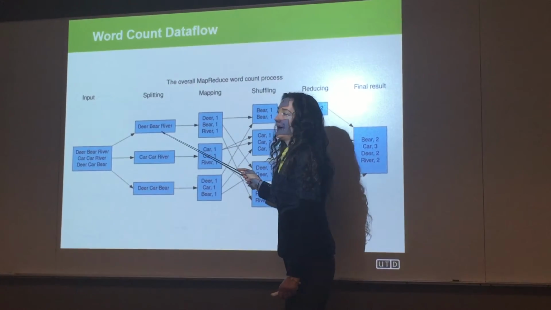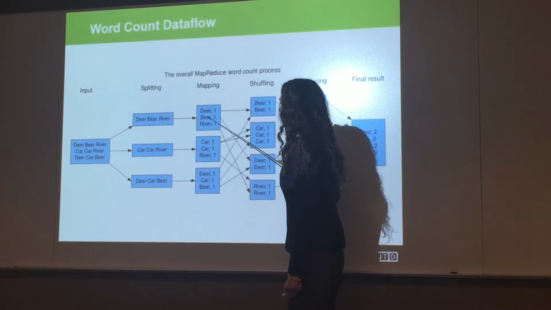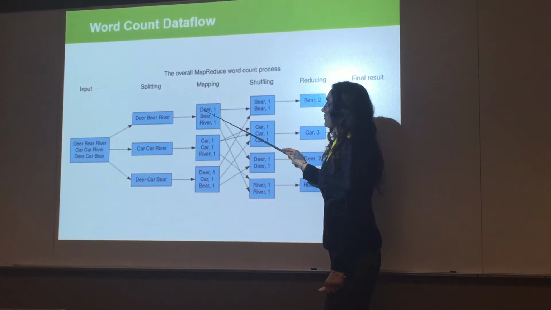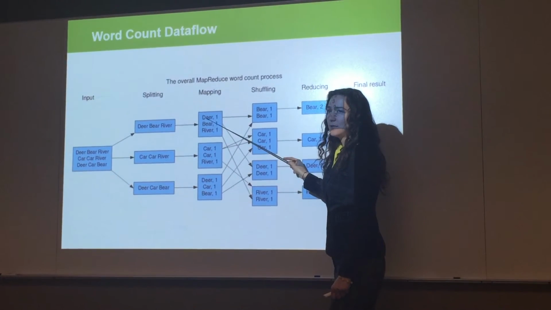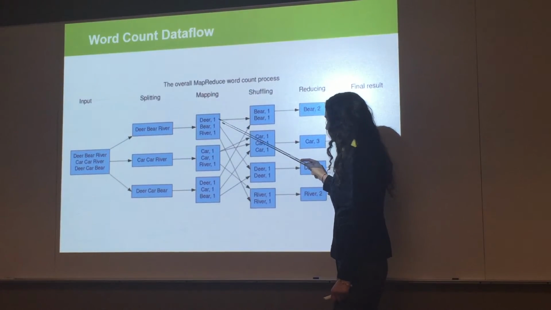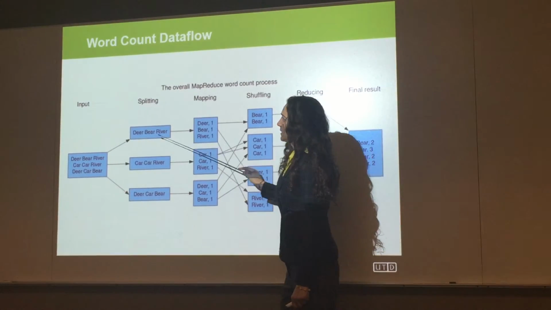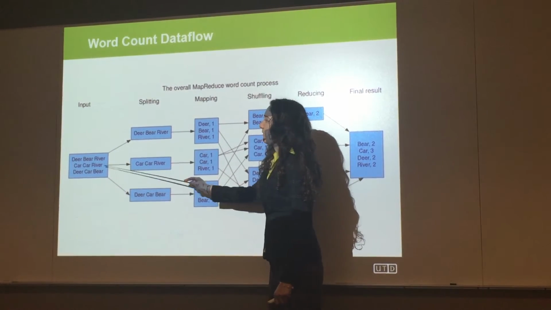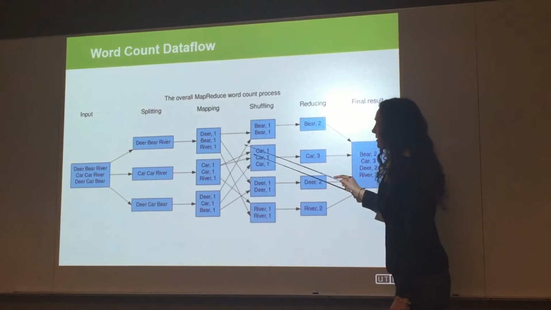And we will split that into pieces, and each piece goes into a mapper. The mapper will use a key-value pair. In this case, the key is deer and the value is 1. So there are as many mappers as pieces we split the file into. Each mapper will get one piece.